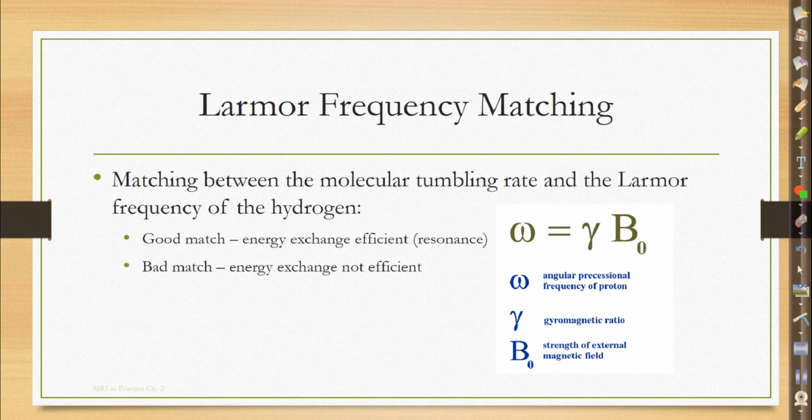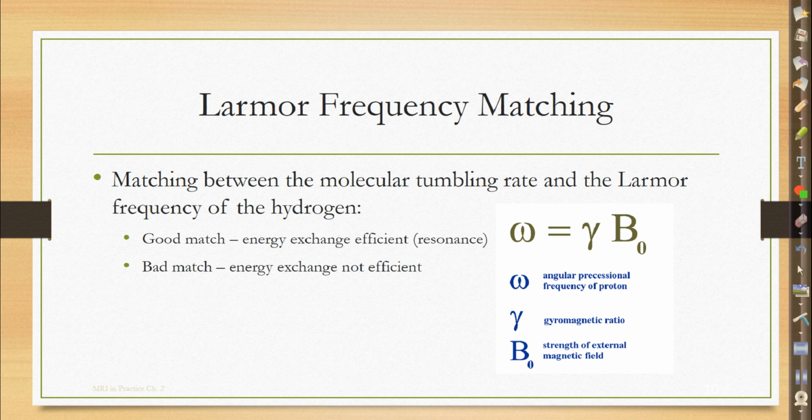All right, our Larmor frequency. What's our equation? What's the equation of Larmor? Larmor frequency or precessional frequency equals, what are two other variables? One's a constant. What's the constant? The number never changes. 42.57.